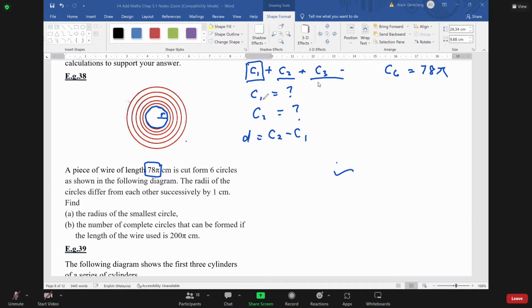So what is C1? C1 is 2 pi r, then C2 is 2 pi, but the radius is r plus 1, right? So you can calculate, so what's the common difference? And then you find what is the radius.